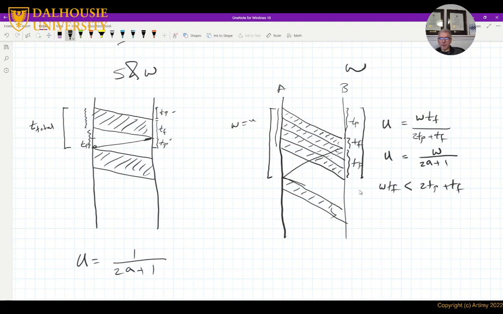So this formula works if the total time to send 4 frames is less than the total time to send the frames and then wait for the acknowledgement, right? And if I divide this by TF, I see W less than 2A plus 1. So that works in this condition.